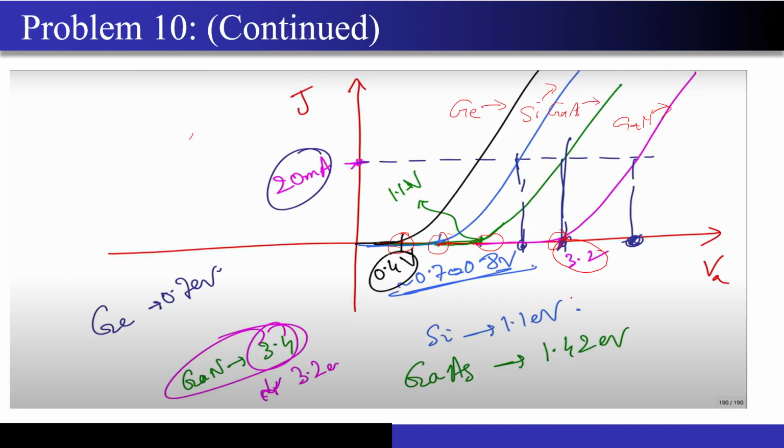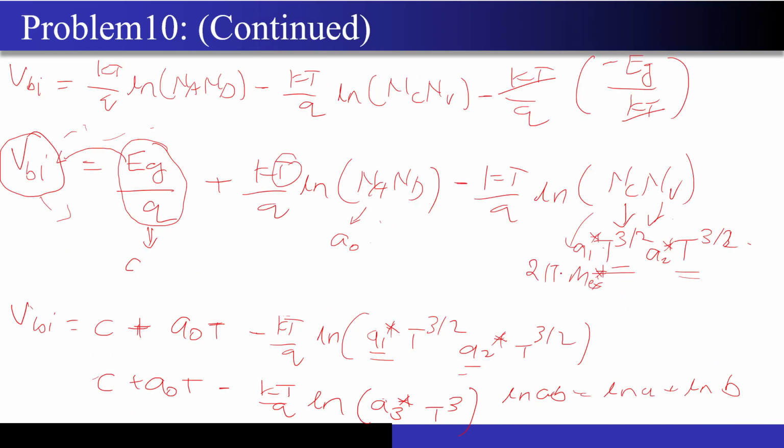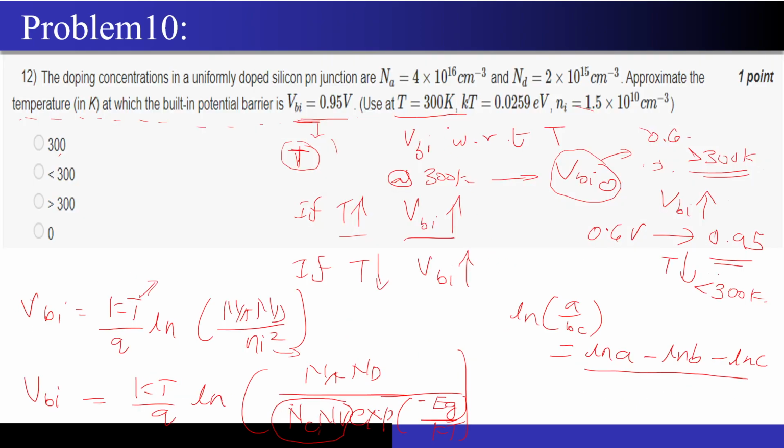Now we have to find out the VBI at 300 Kelvin. Let me make some space over here. VBI is kT by q log of NA ND upon ni square.